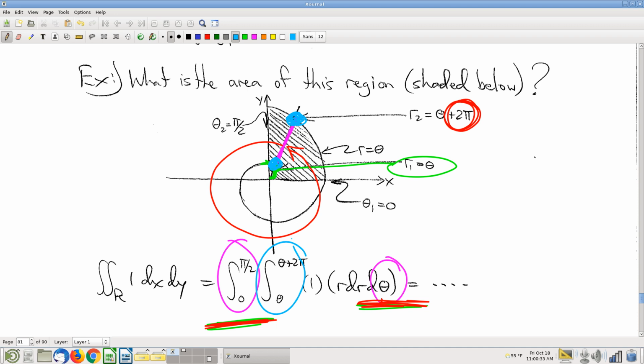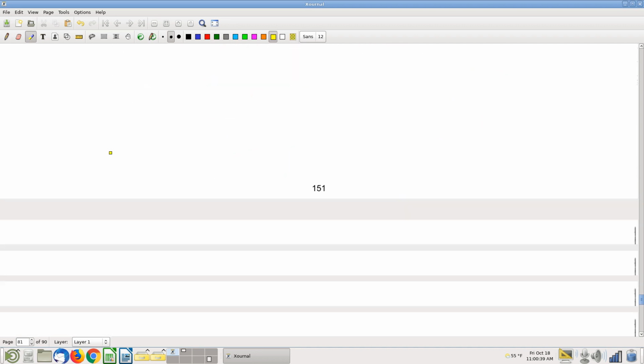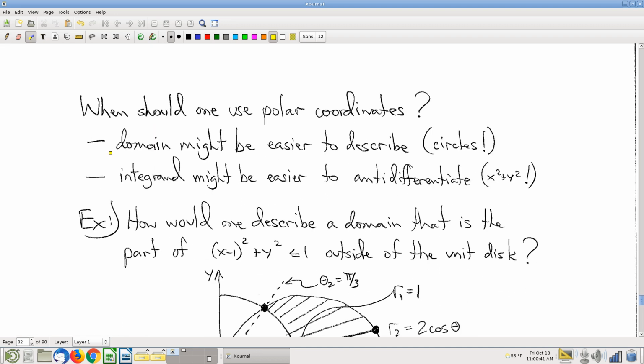So, anyway, every so often something like that will come up. So, I just want to show you an example. Okay. So we have a new tool. You want to do a double integral? Sometimes, instead of rectangular coordinates, you might use polar coordinates. Generally speaking, when should you, when shouldn't you? Think about when it might be to your advantage. It might make your domain easier to describe.